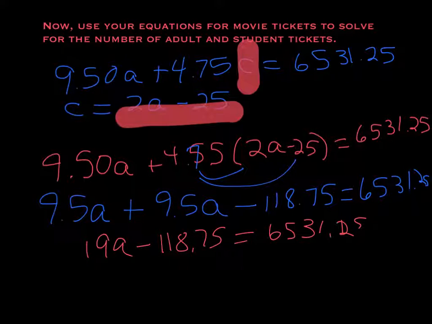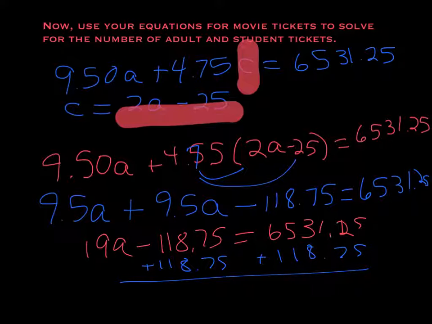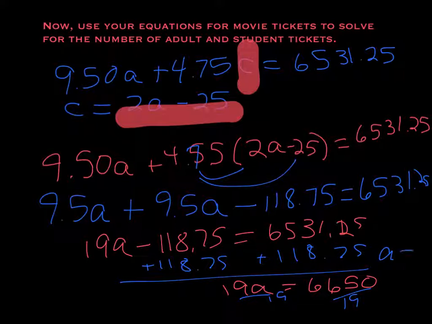I'm going to add $118.75 to both sides, and when I do that we get 19a equals 6,650. I'm going to divide both sides by 19, and I get A equals 350.